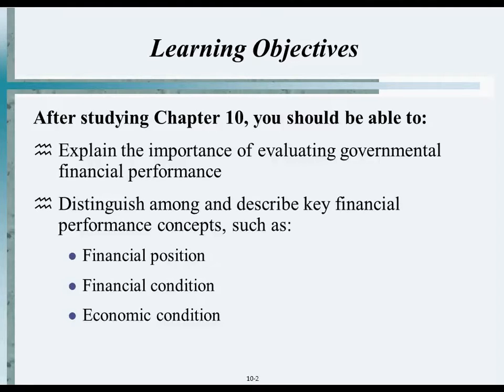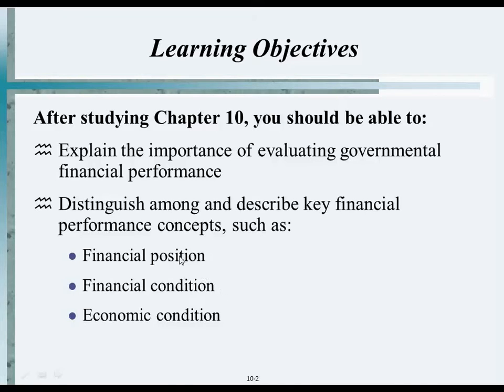So first, some definitions, then some methodology, and third, try to understand what those indicators are, okay? And as I said, it really isn't a difficult area, but you do need to understand something about what you have studied so far, governmental accounting, to respond to some of these questions.